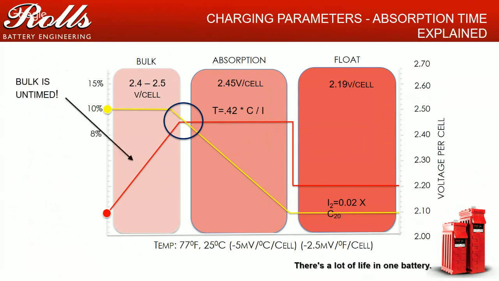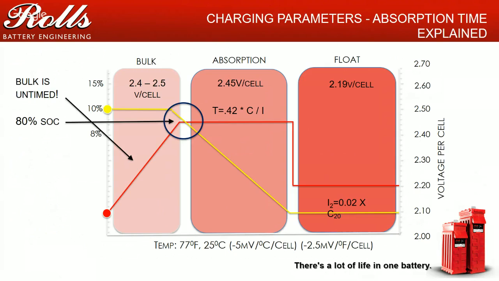Just to give you some basic information. Remember, bulk phase for all the inverter charger manufacturers today is untimed. They don't keep track of how much time you're in it. When you reach your absorption stage, your batteries are only about 80% state of charge for a flooded lead acid battery.